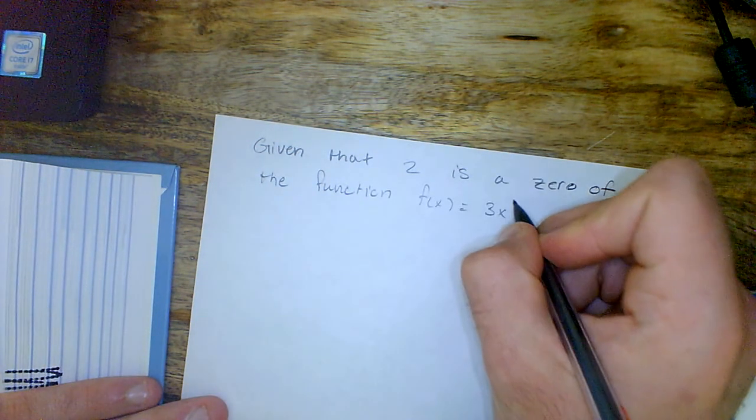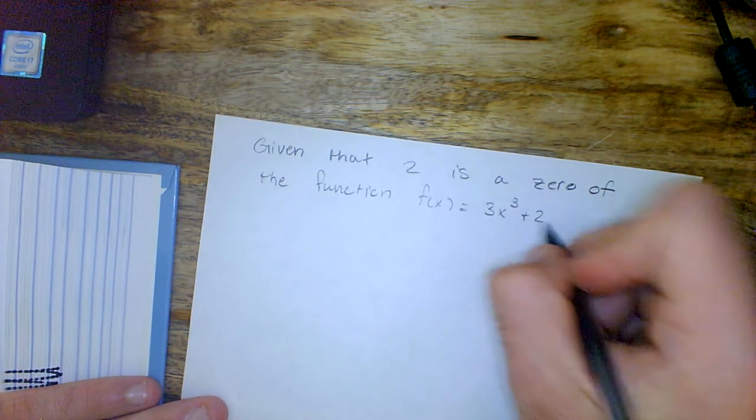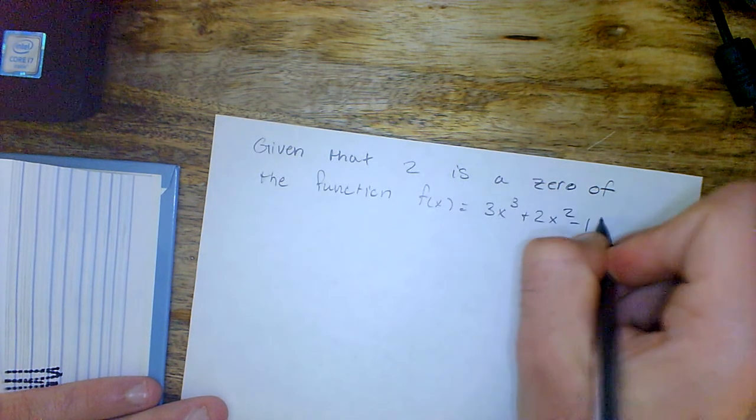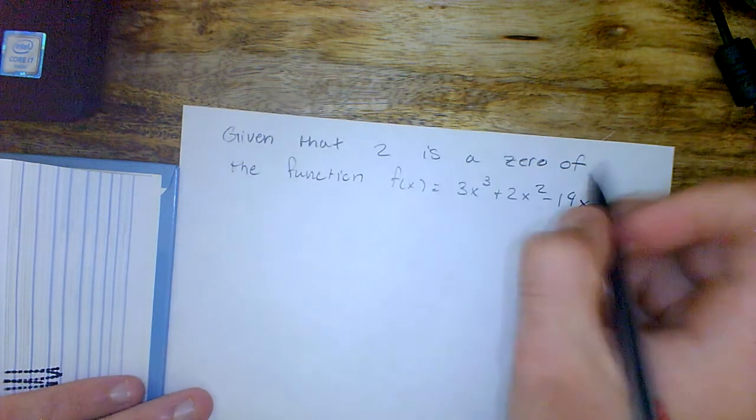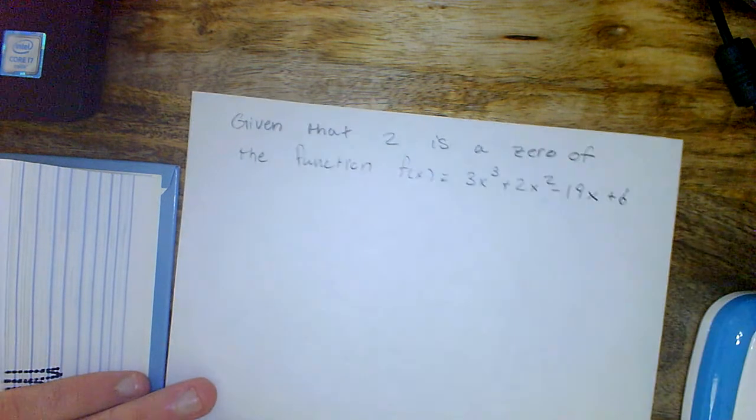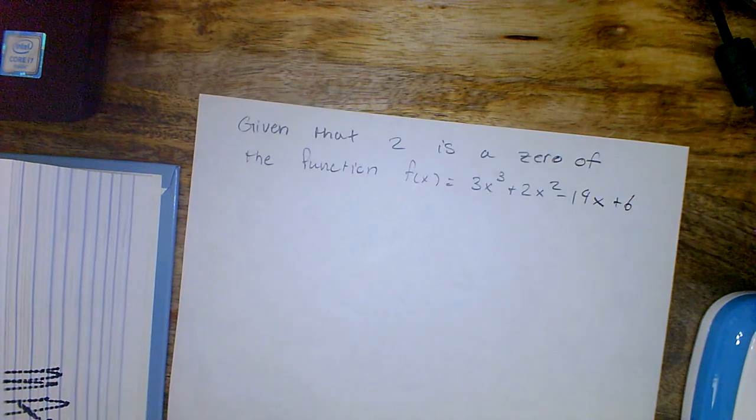f of x equals 3x cubed plus 2x squared minus 19x plus 6.